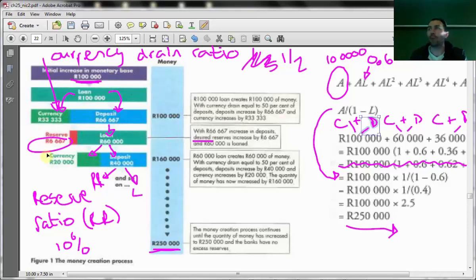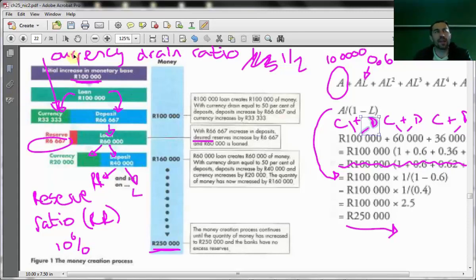Both of those prevent the total loan amount being lent out again. You got it? Am I stressing something that's actually pretty simple and you totally get it? Or you kind of not really sure what's going on? Not really sure? Okay.